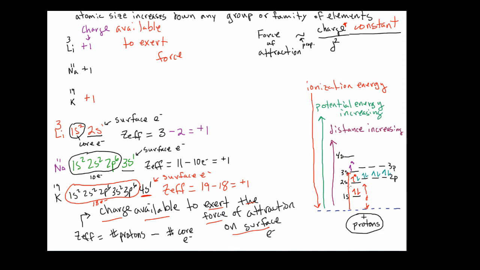You can see there's a substantial difference between lithium's surface electron and where we find sodium's surface electron. So our distance factor is increasing substantially as we move from lithium to sodium. So the distance is going up substantially. I'm going to put an up arrow there to emphasize this fact.